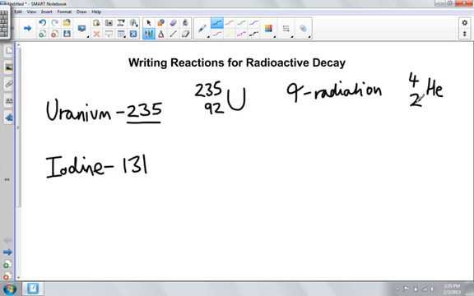So you've got 2 protons, 2 neutrons, atomic number of 2, mass number of 4. There's also beta radiation. This is more dangerous because the particles coming off here are smaller. All beta radiation is essentially just electrons, and an electron is usually given the symbol e, e for electron, with a charge of -1.